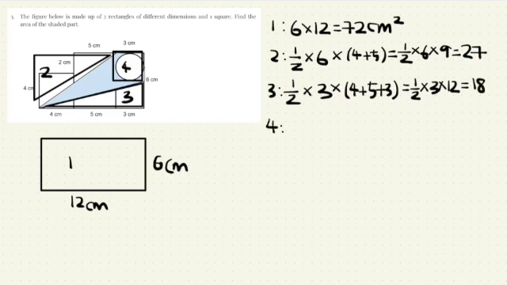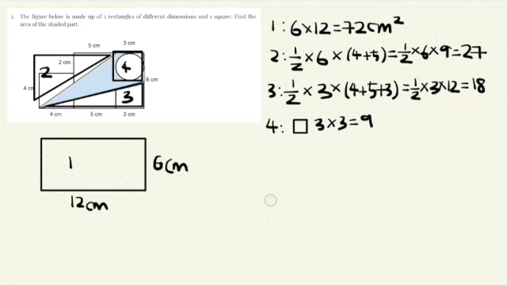So number 4. Firstly, for number 4, we realize that it's a square with a circle. We need to find the colored parts here, here, and here. Correct? So first you find the square first. The square will be 3 times 3, and this will give us 9.